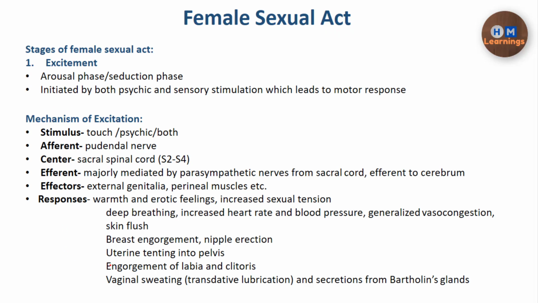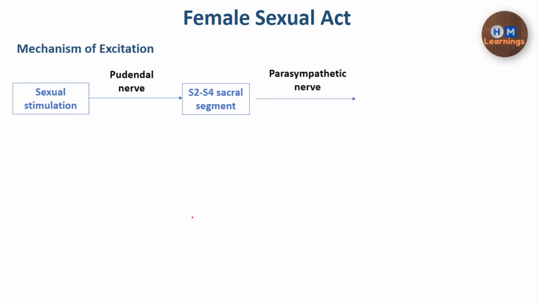Now we will see in more detail some of the responses we have seen, like how the engorgement is happening, how the vaginal sweating and secretion is happening, and how the sexual tension is increasing throughout the body. Sexual stimulation is there, then the pudendal nerve is going to take that sensation to the center, which is S2 to S4.